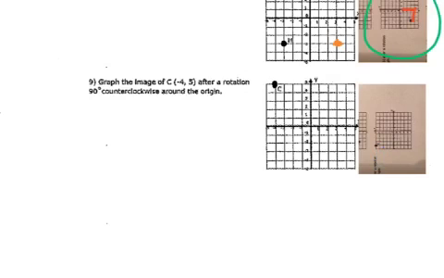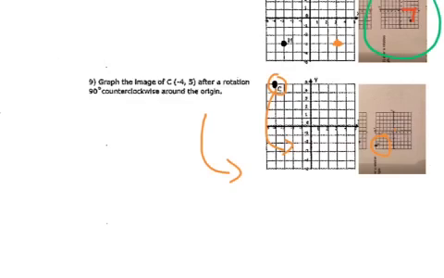Okay, so here I've turned my paper 90 degrees counterclockwise, so I'm going to turn my paper this direction. When you do that, you know that this dot is going to be somewhere down here in quadrant 3. When you turn your paper over, notice my dot is now in quadrant 3, and I can figure out what point that is by starting from the origin.